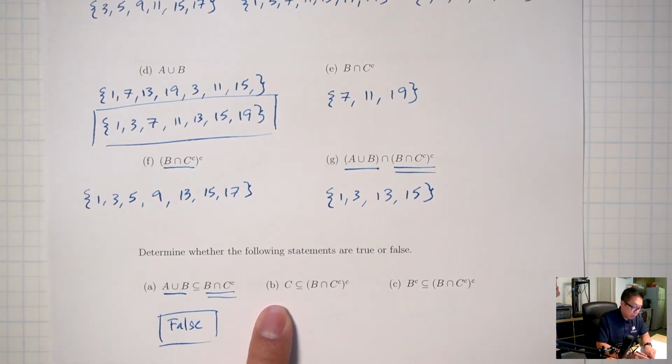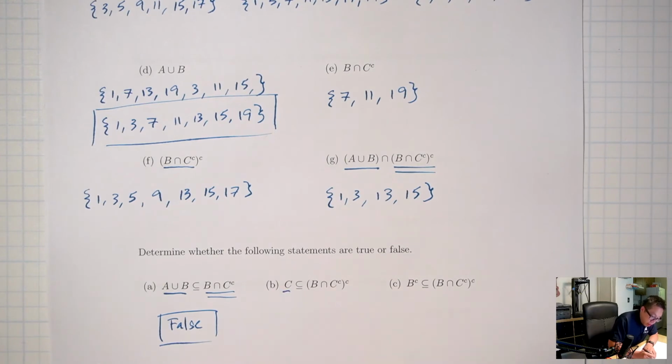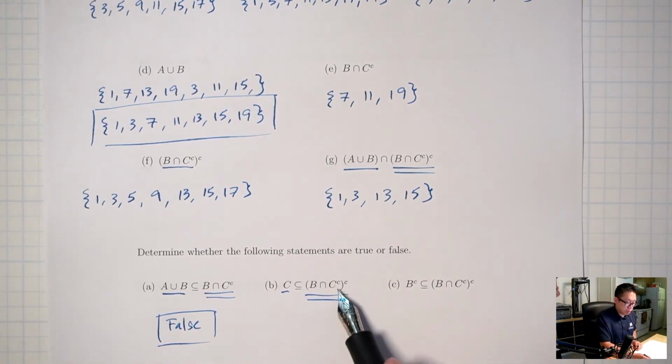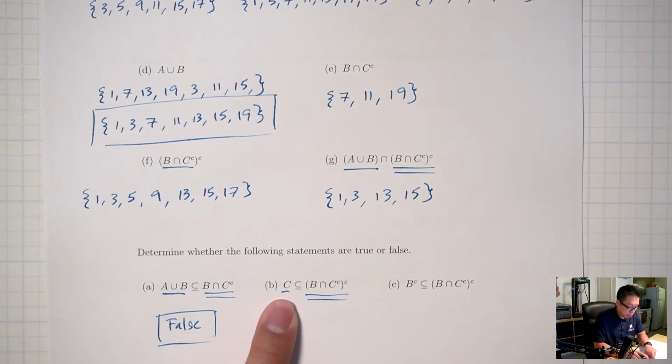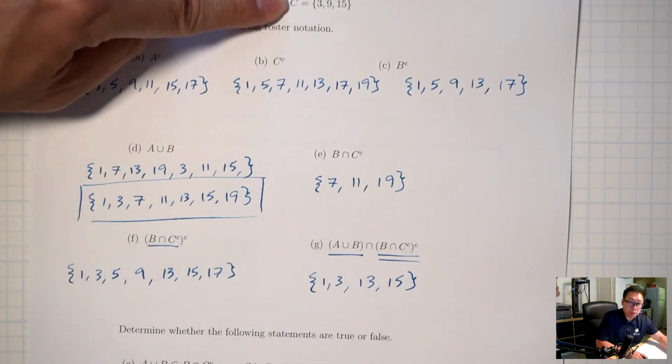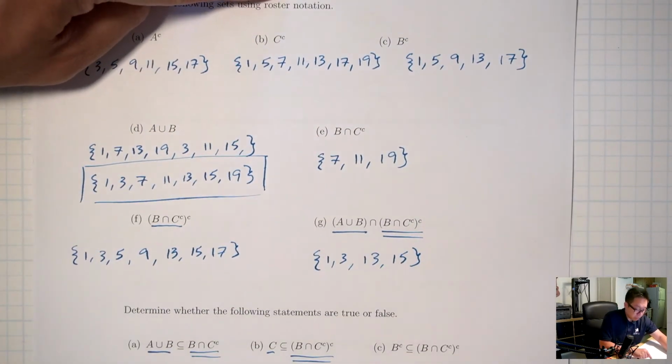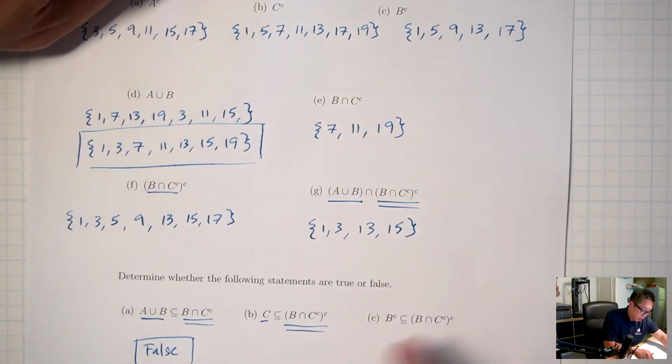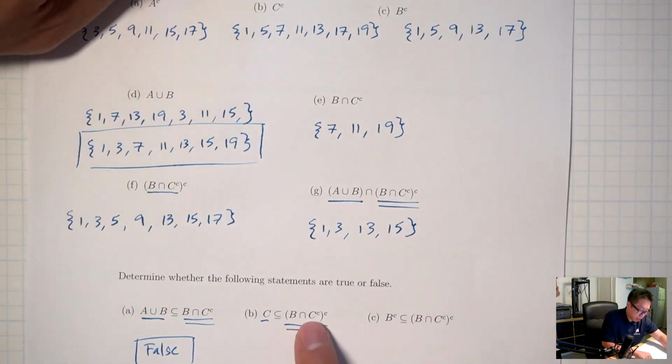Next up, the set on the left is the C, set on the right is B intersects C complement, complement. So we're talking about regular C. So where's regular C? Regular C is right there. And then we're also talking about B complement, or B intersect C complement, complement.